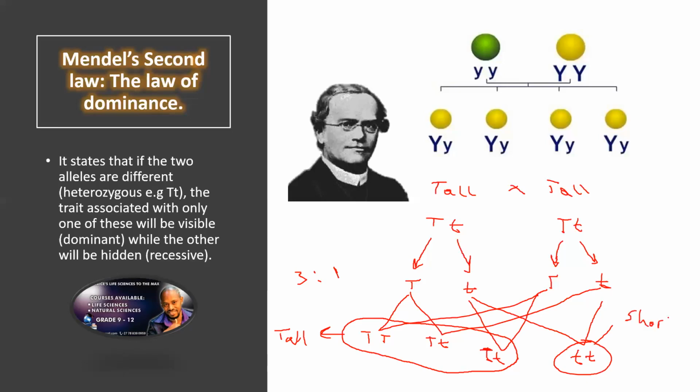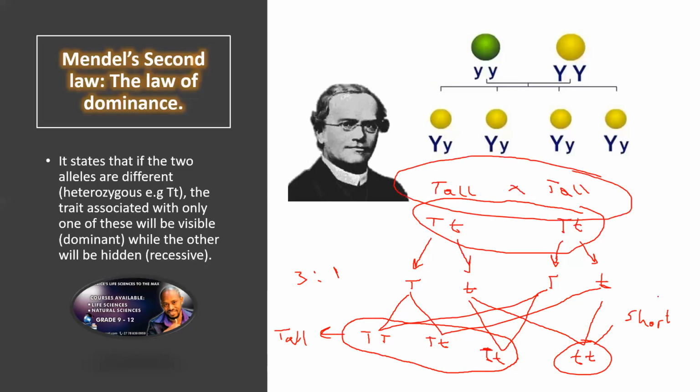Then remember, in the first generation, none of the offsprings was short. They were all actually tall. But surprisingly, we see the trait of one of the original, the first parents showing up. The short trait there showing up.